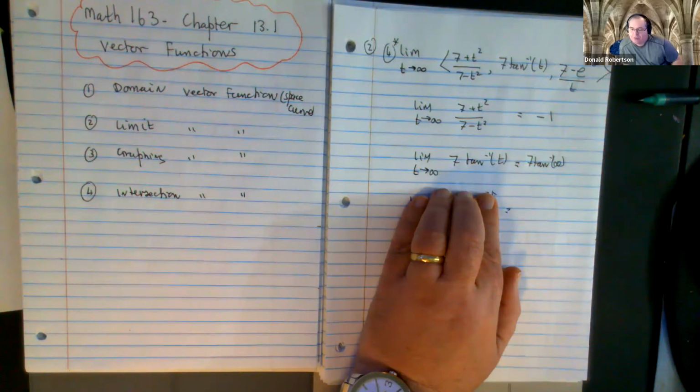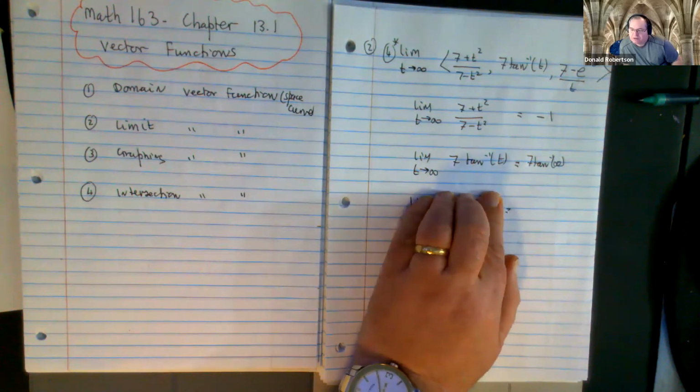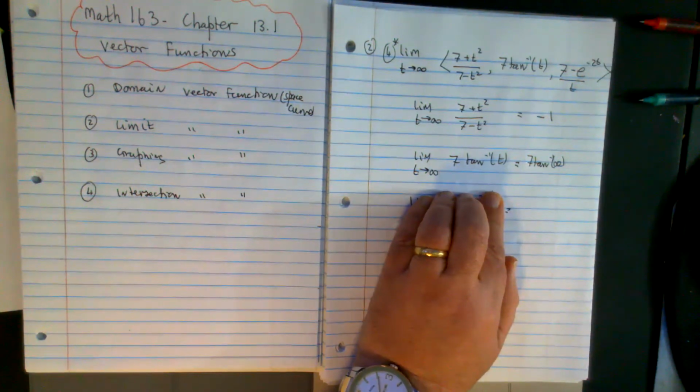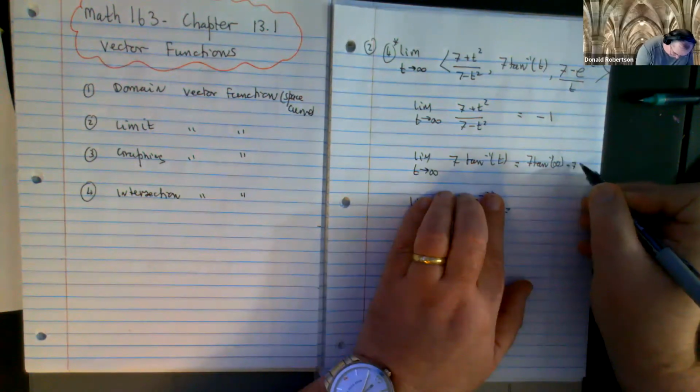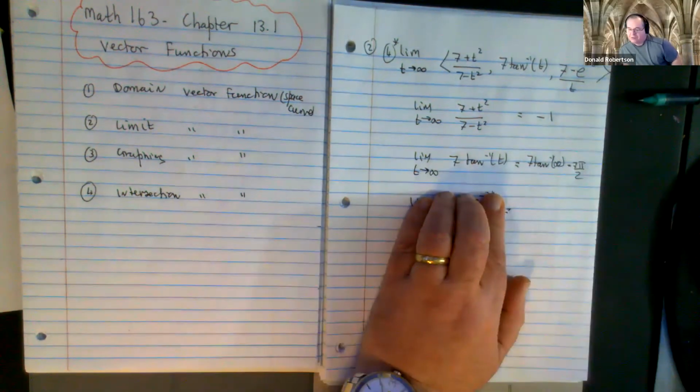Does anybody know what the inverse tan of infinity is? What angle do you get an infinite tan? Pi over 2. Pi halves. So 7 of them gets you 7 pi halves.